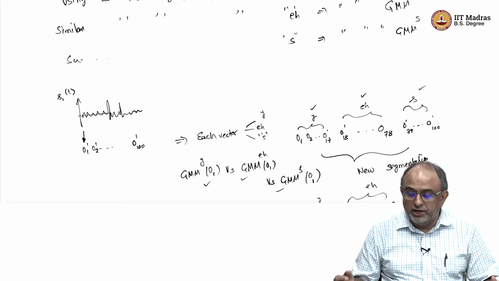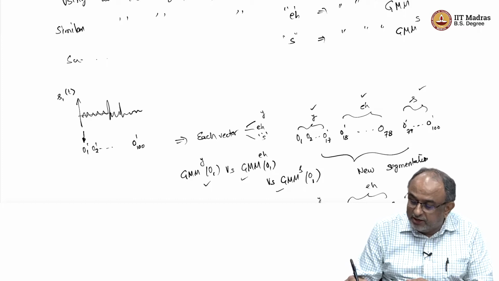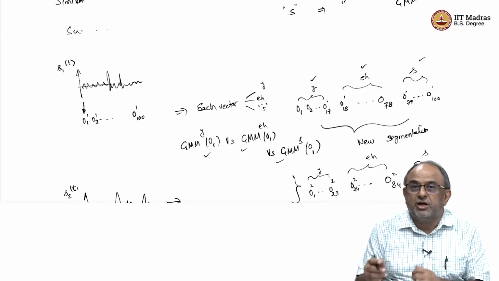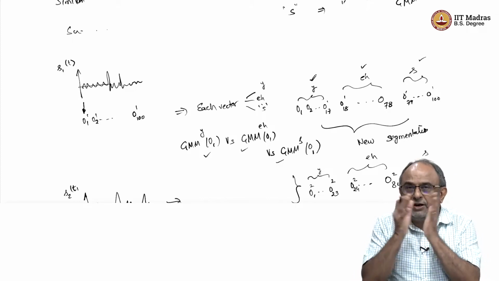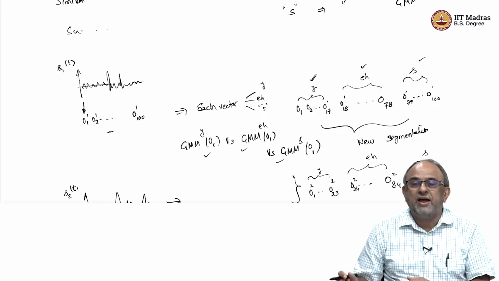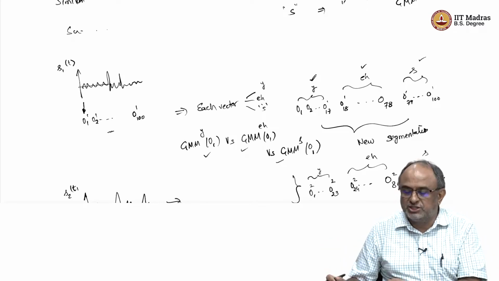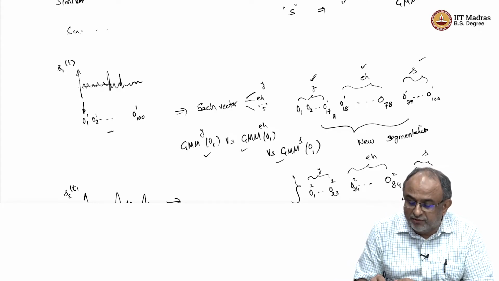So suppose we are able to do that, because we have now got a model, it is no longer uniform segmentation. Some of them will be strongly towards ear, the middle part of the vectors will be towards the sound a, and the last part will be towards the sound s. So the segmentation now can be at a different place.